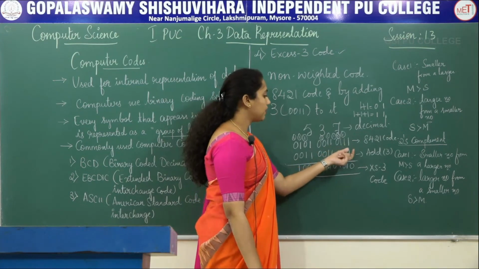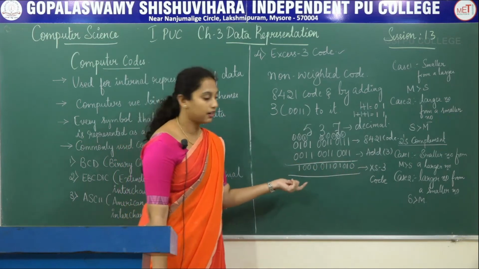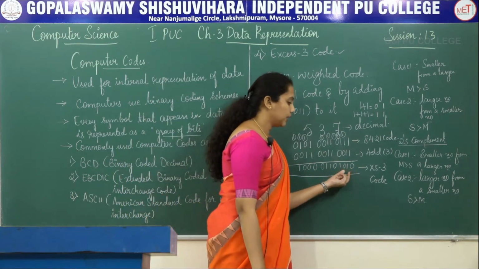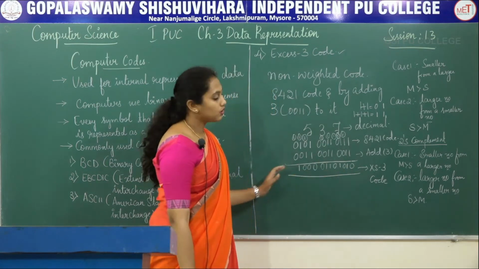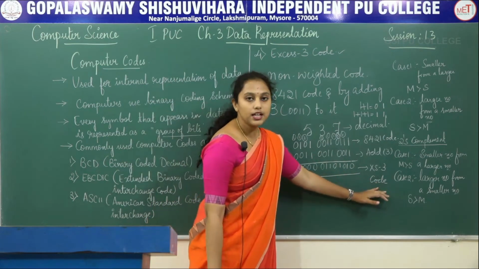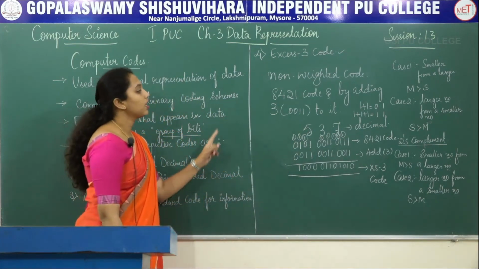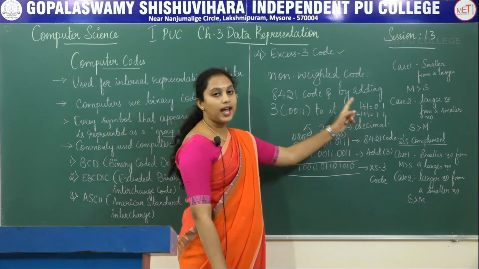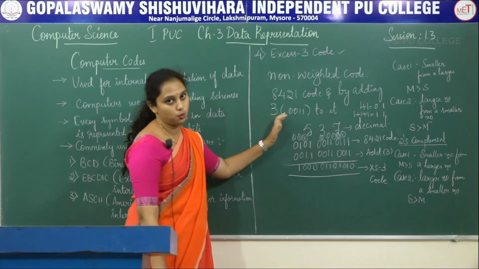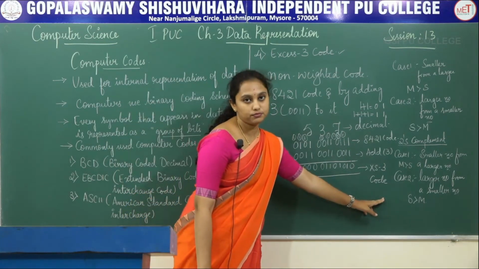When it comes to 7 plus 3, that is 10, so 1 0 1 0. Hence the obtained value is correct. So this is our XS3 code: a non-weighted code obtained from 8421 code by adding 3 to it.